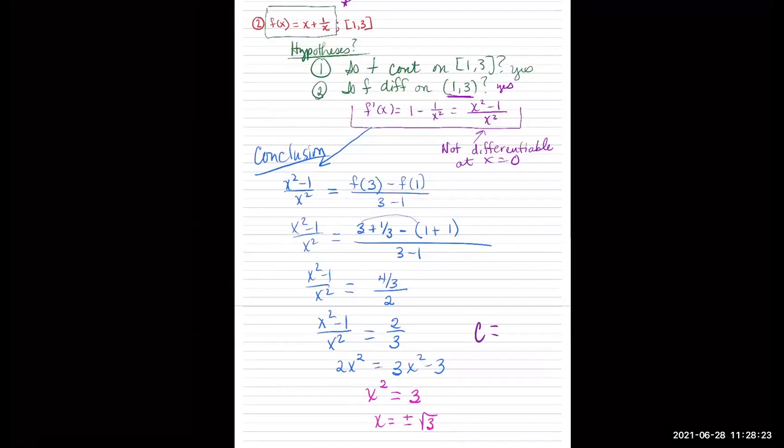Because notice our interval is just from 1 to 3. So we know it has to be positive. So there were two solutions to that equation. Okay, but only one of them is actually in our interval. So any questions at all about that example?